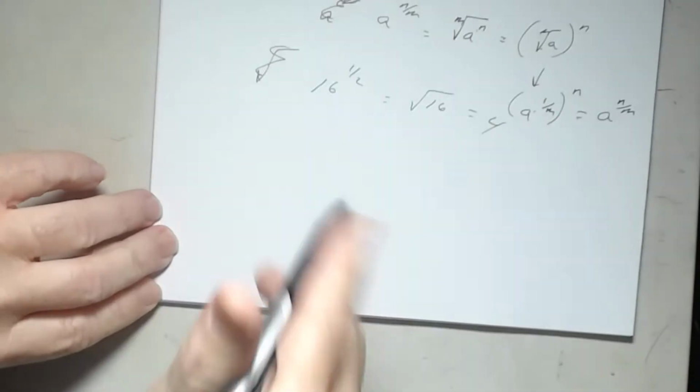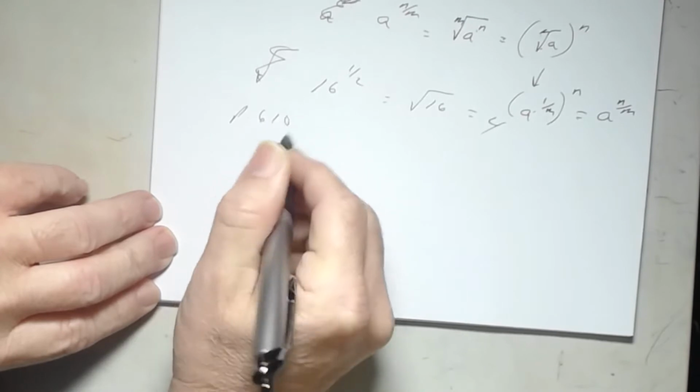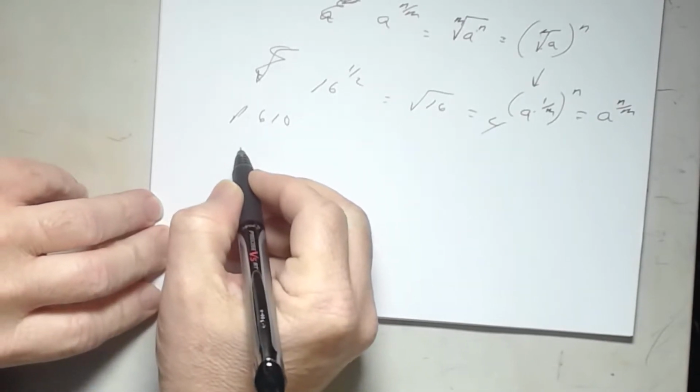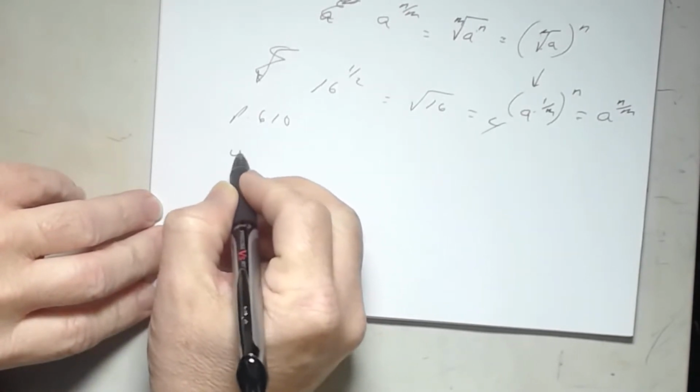Okay? So that takes us to these examples. Let's see these examples. All right, so this is going to be on page 610. And this is going to be number 4.